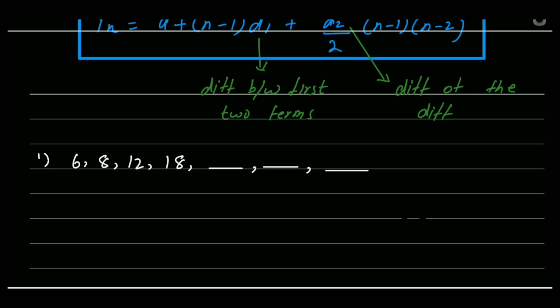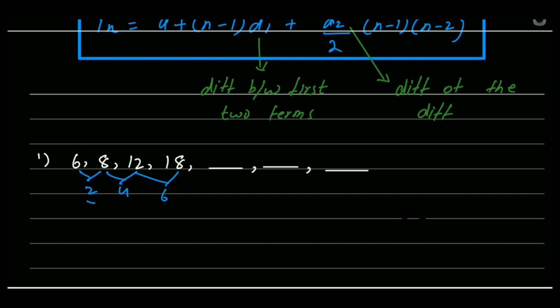Here first of all we will find the difference between all the terms. If you add 2 to 6, we will get 8. The difference between the first two terms is 2, the difference between the next two terms is 4, the difference between the next two terms is 6. So the difference between the next two terms should be 8.